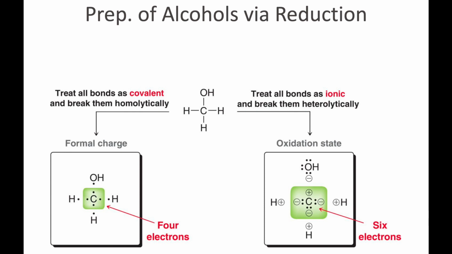That carbon and the hydrogen each has its own electron. That carbon and that oxygen each gets its own electron. That's called homolytically cleaving the bond. So when we do that, we notice that carbon then has 4 electrons, and since it is in the 4th column, 4 minus 4, its formal charge there is 0.